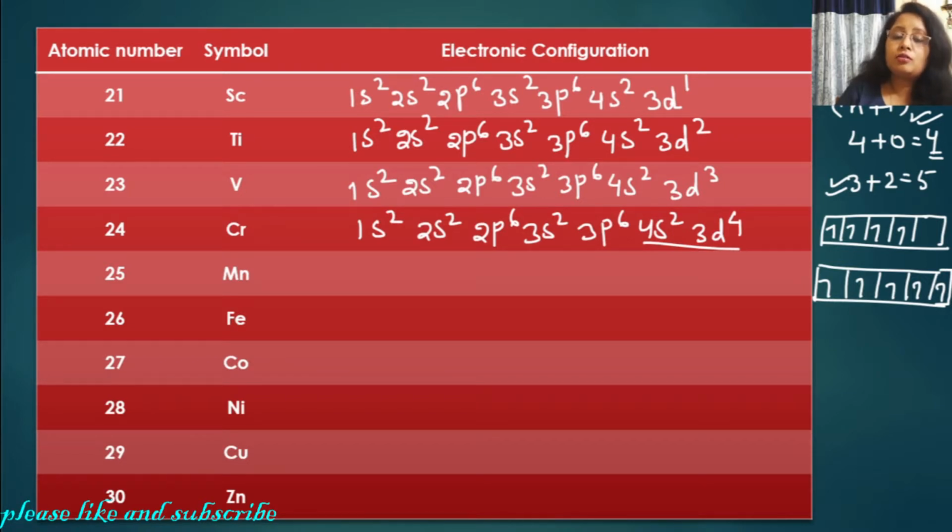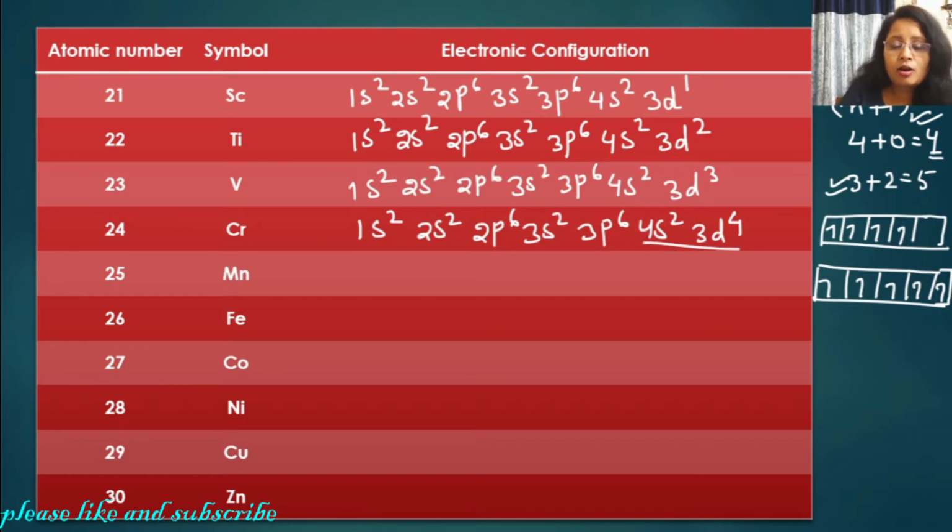So chromium is going to achieve this, because after lots of experiments it is shown that chromium is quite stable. So they came to the result that it has d electrons completely half filled. That's why it is difficult to remove or put an electron in chromium.